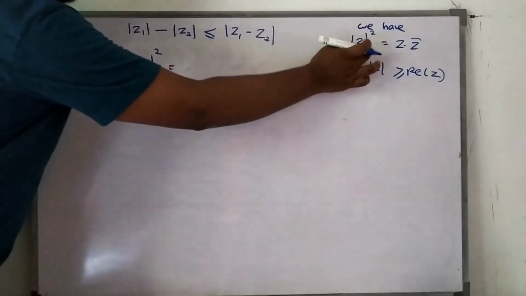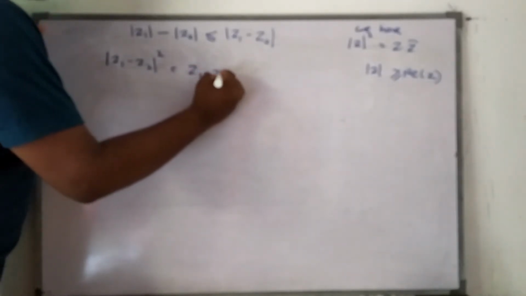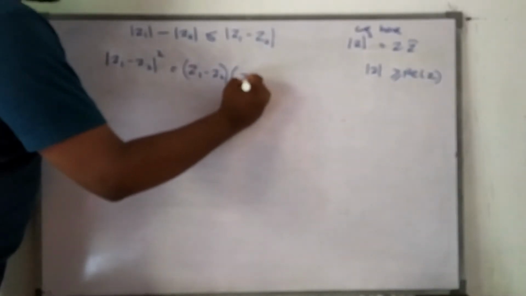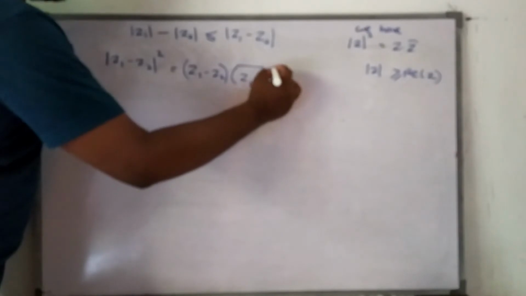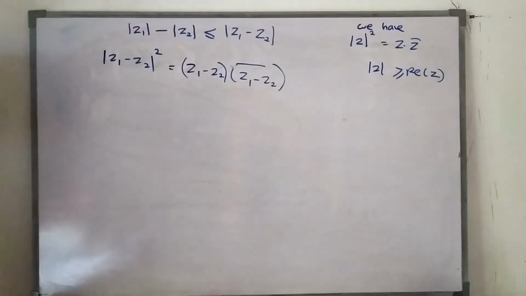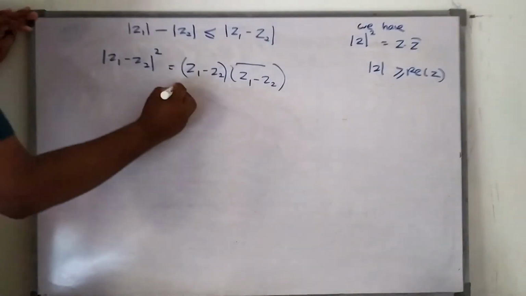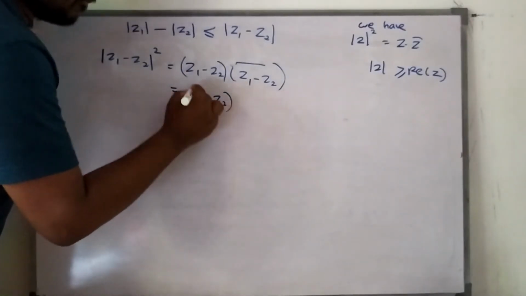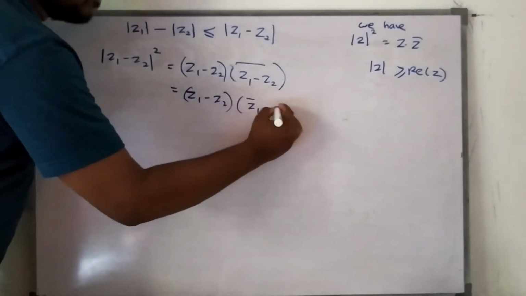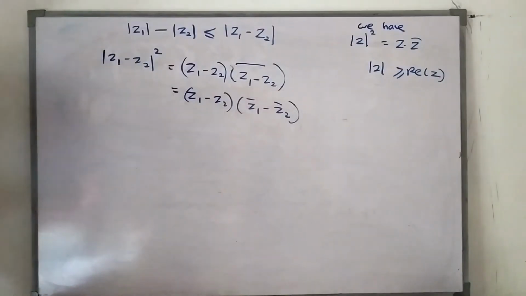According to that, it can be written as (z1 - z2) into the conjugate of (z1 - z2), right? Then it will be (z1 - z2)(z1 bar - z2 bar).